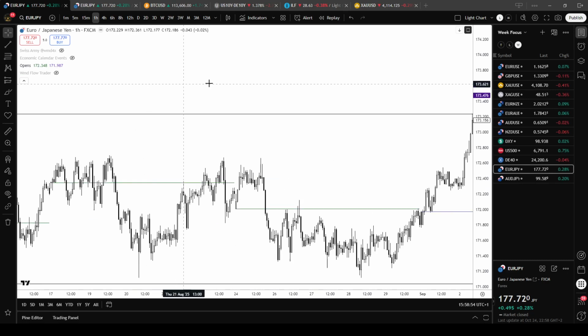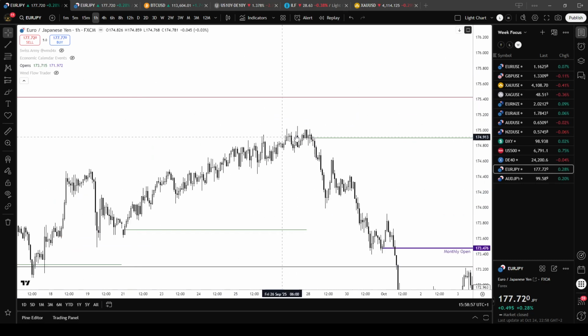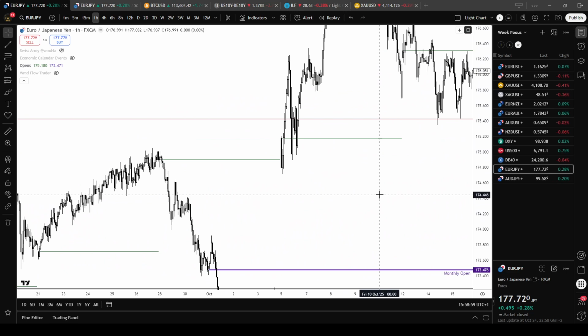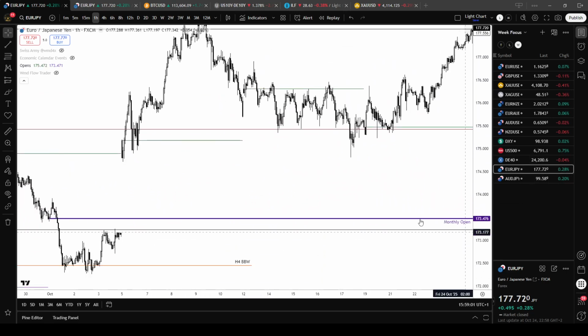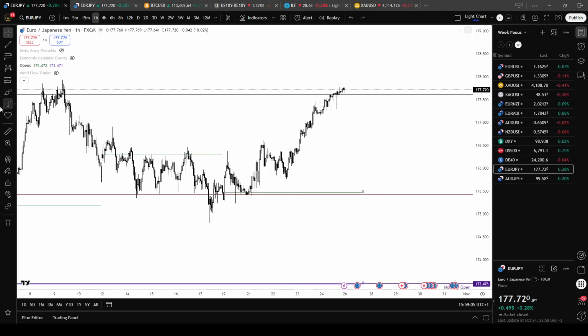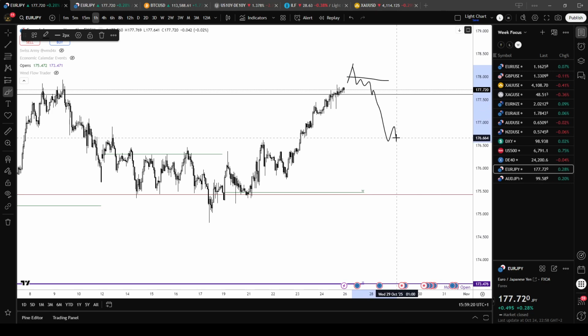So the reason why I'm saying this is because having this massive gap here unfilled, if we get that pattern that I showed you where we have a gap, boom, and the weekly open is around here, and we get below the weekly open, pretty good chance that maybe that starts a move lower and then you get your gap filling.